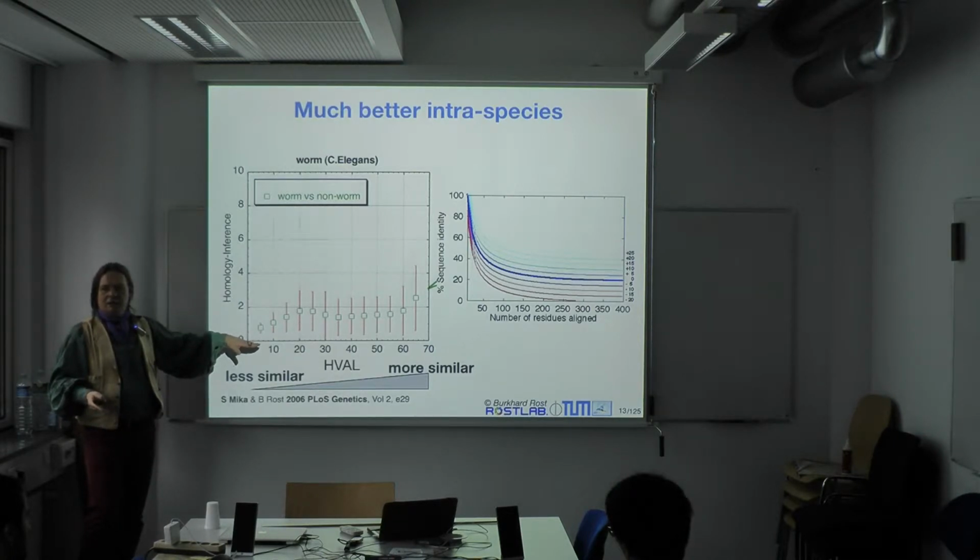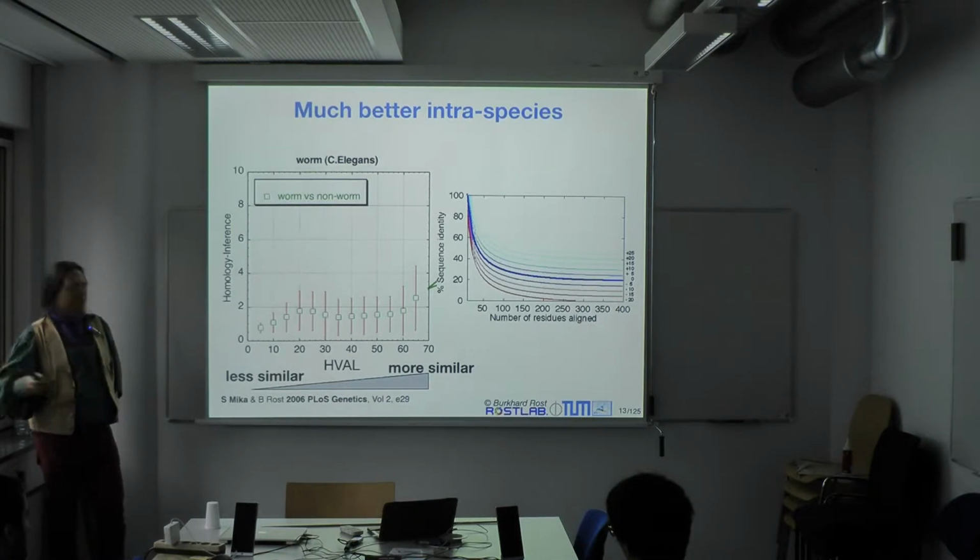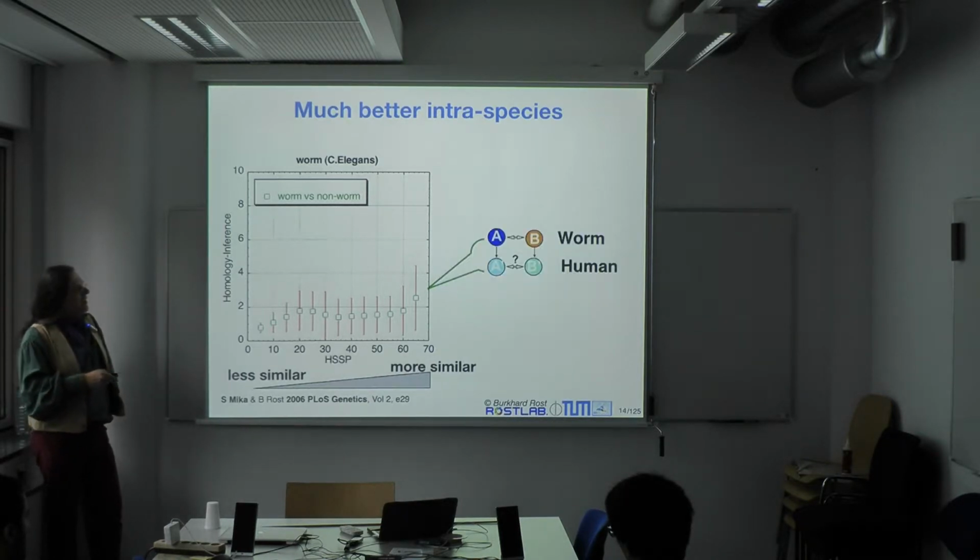That much we can see. So if protein interactions are conserved, then they are conserved only at higher levels of sequence identity. Okay? So again, I look at A and B in worm. I ask whether A prime and B prime in human are in fact also interacting, for this data set for which I know the interactions.